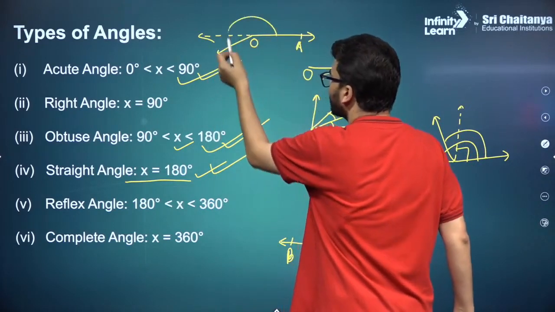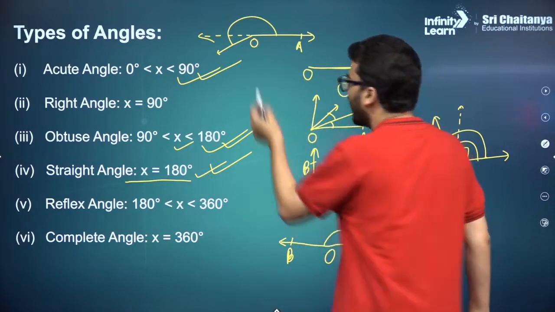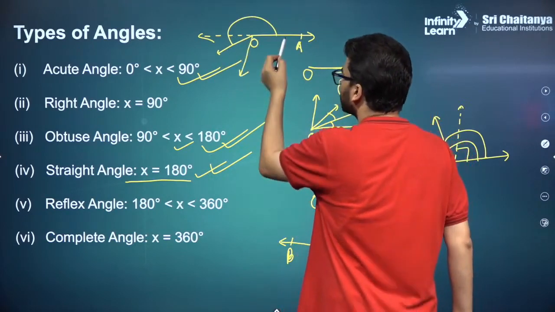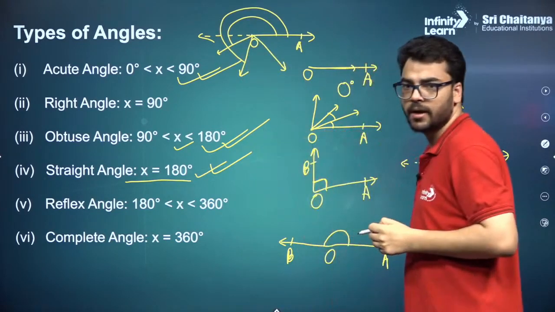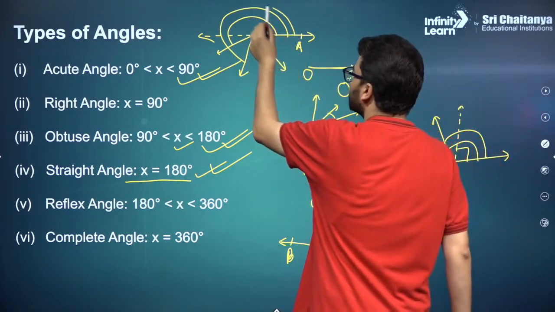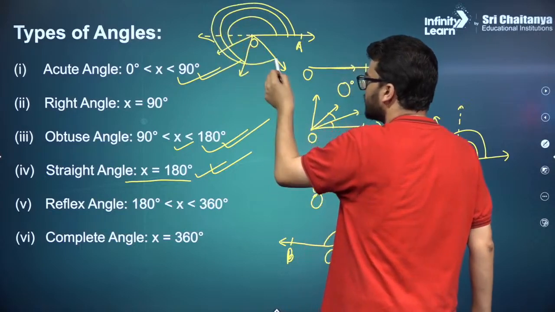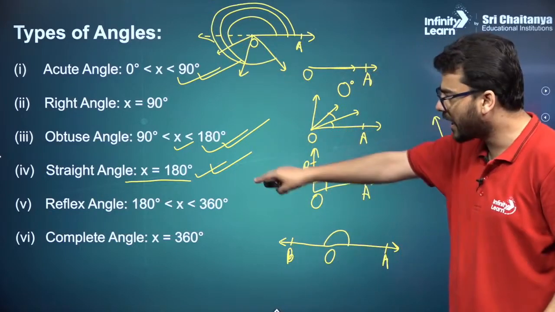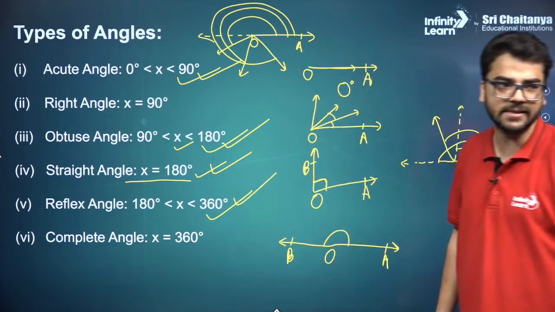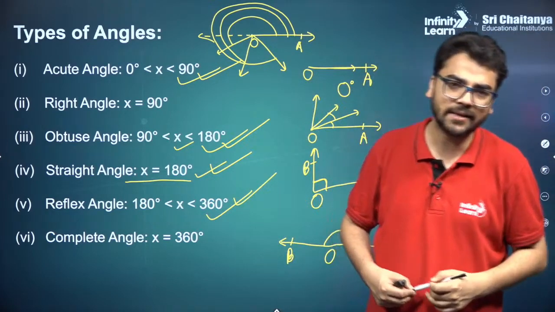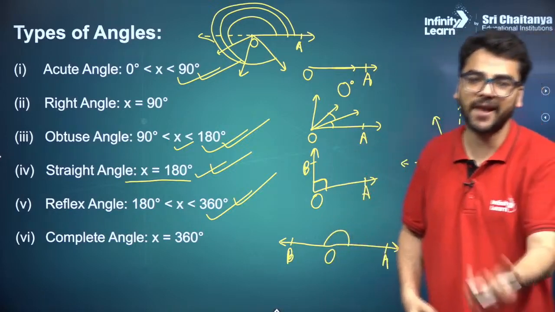It can be like this as well, and you can see in this direction as well. So these angles are called reflex angles, greater than 180 and less than 360.